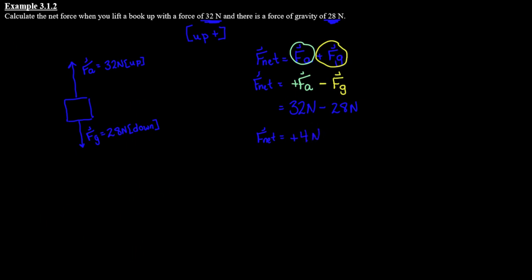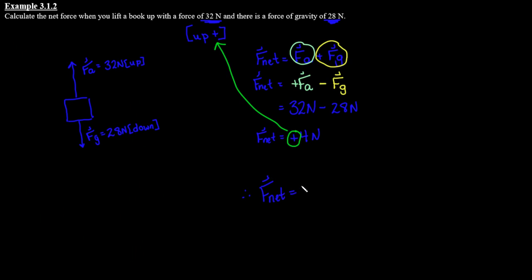Okay, and remember, what this positive tells me is the direction of our net force, because we've defined it before. So when we're doing our therefore statement of what the net force acting on the object is, because it is still a vector quantity, we do need direction.